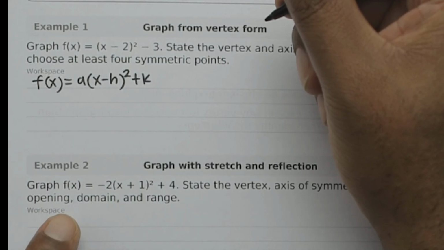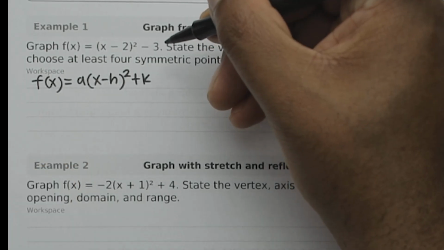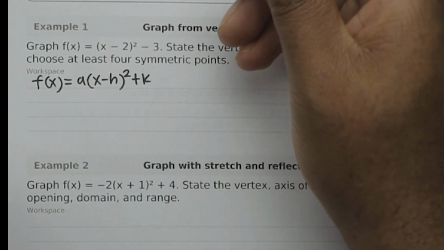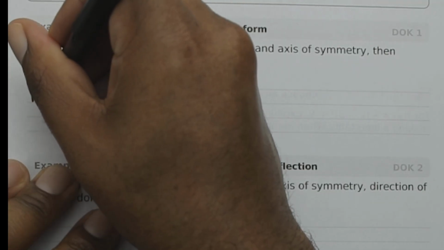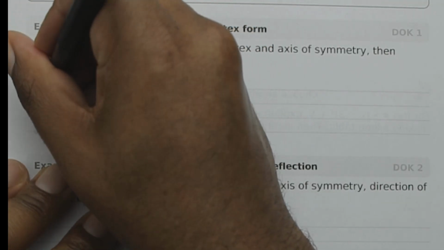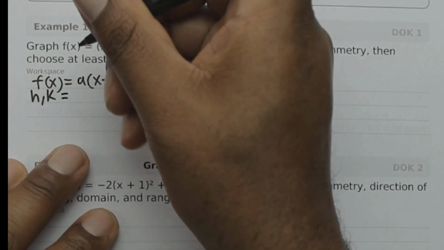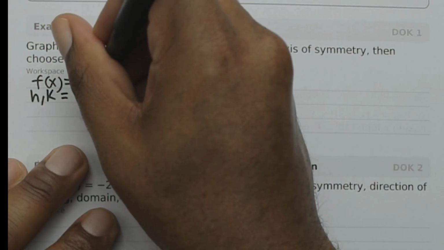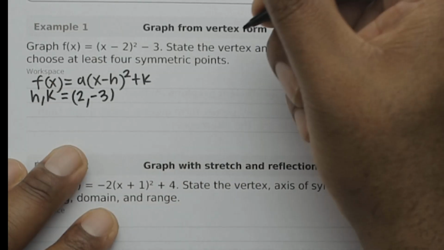So again, we want to compare this with this expression here. So the vertex is (h, k), which ends up being (2, -3) in this case.